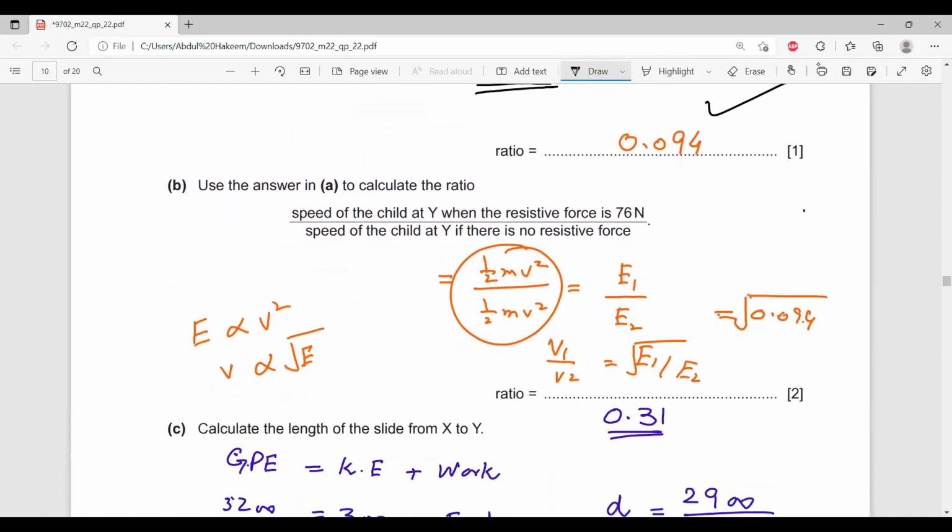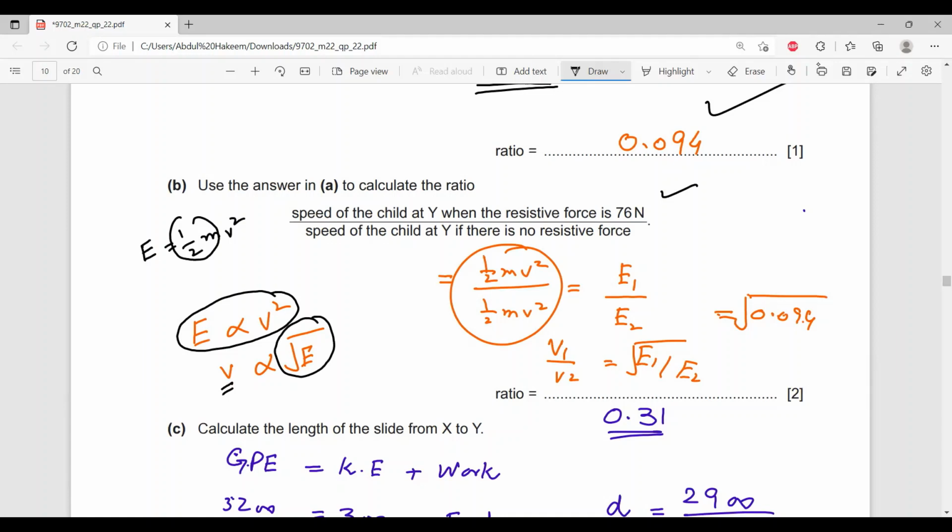Next, use the answer and speed to calculate the ratio: speed at Y when the resistive force is 76, divided by the speed of the child at Y when there is no resistive force. Look, kinetic energy is equal to 1 by 2 mv square. When this portion is constant, kinetic energy is directly proportional to v square, so speed v is directly proportional to the under root of the energy.